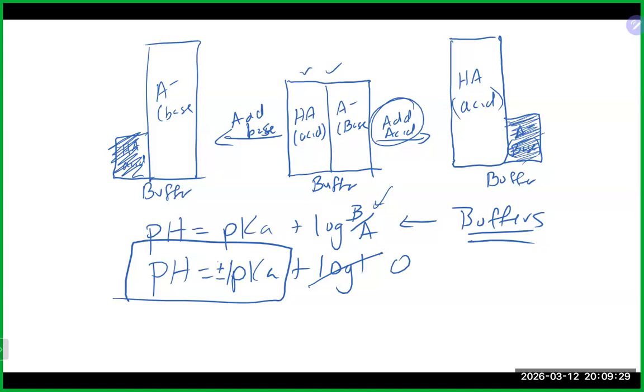So if you wanted to make a buffer with a pH of 4.5, acetic acid is your choice. It has a pKa value of 4.74. That's a really good choice. If you wanted to make a buffer with a pH of 9.1, acetic acid is a crappy choice because that's very far away from 9 to 4.74.